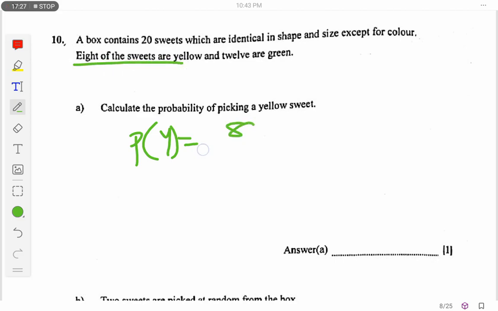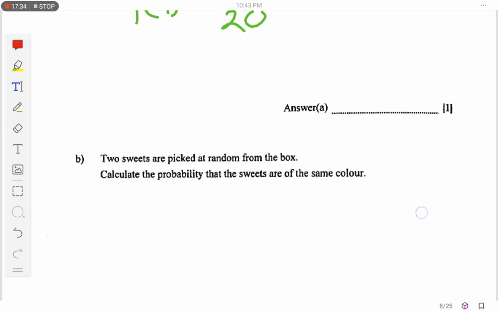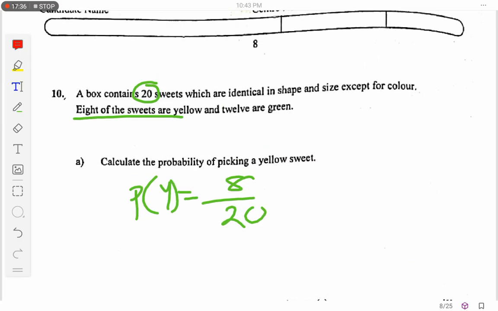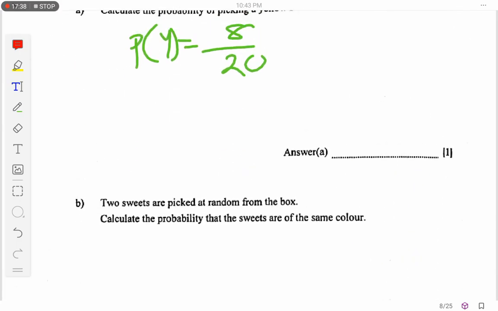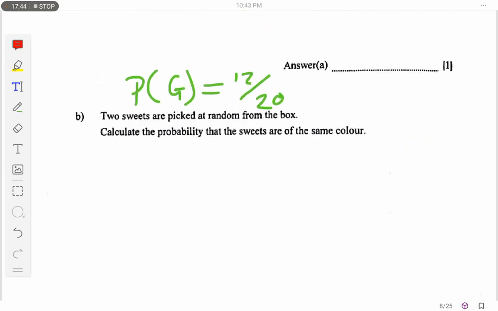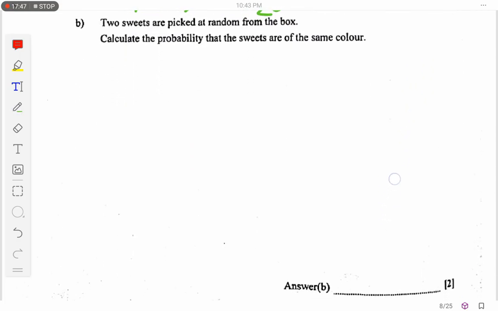So it's going to be 8 over total, which is 20 there. So this is the probability of yellow. Okay, then from there we can even say the probability of green is 12 over 20 there. We'll use that for the next question.